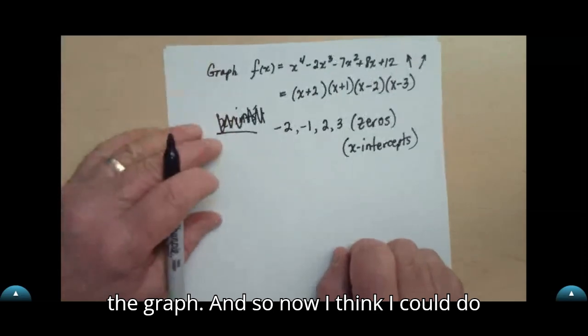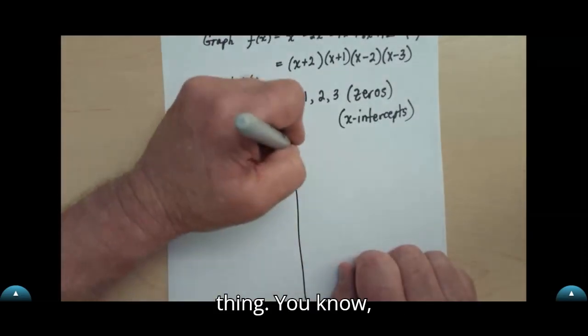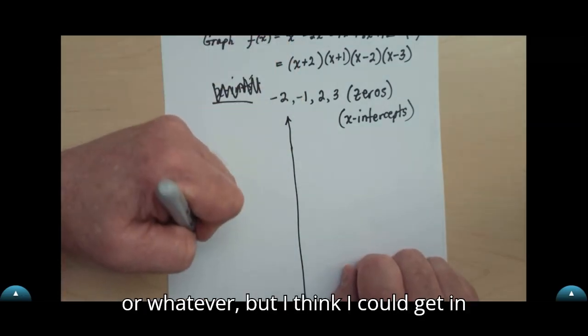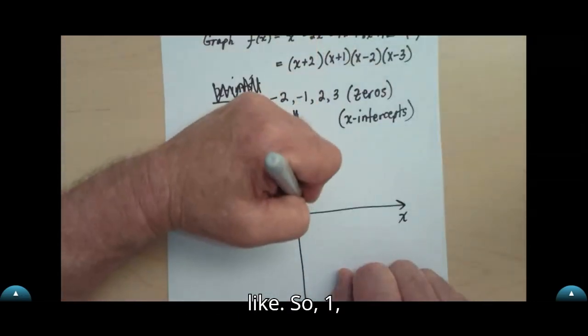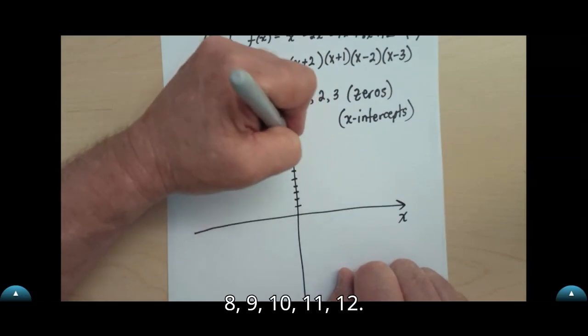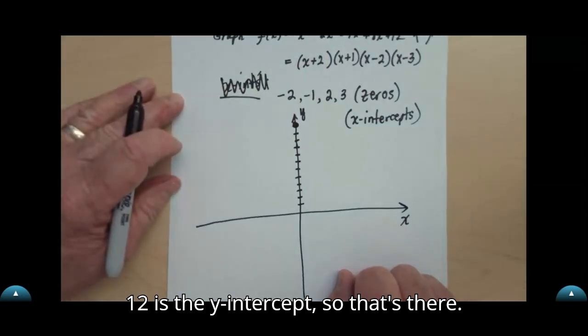And so now I think I could do a reasonable job trying to graph this thing. Scale-wise, it might not be exactly right, but I think I could get in the ballpark of what this graph looks like. So 1, 2, 3, 4, 5, 6, 7, 8, 9, 10, 11, 12. 12 is the y-intercept, so that's there.